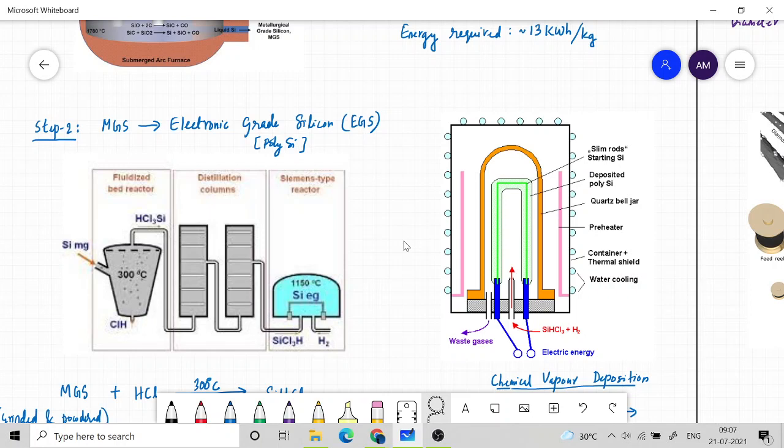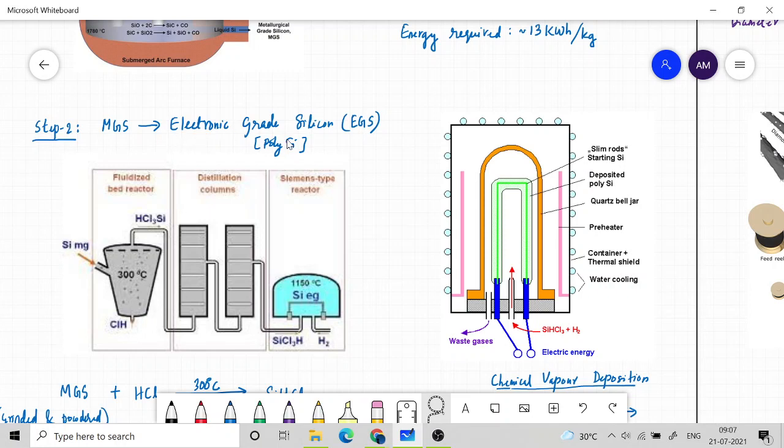Higher conductivity is desirable for gate material, but not for the substrate. The substrate has to be fully crystalline structure. Only then can you dope it and vary the property in a properly controlled manner. Metallurgical silicon is called metallurgical silicon because mostly it is used in the metallurgical industry.